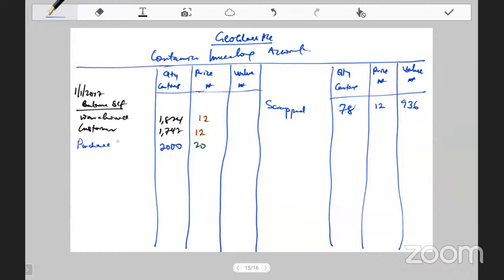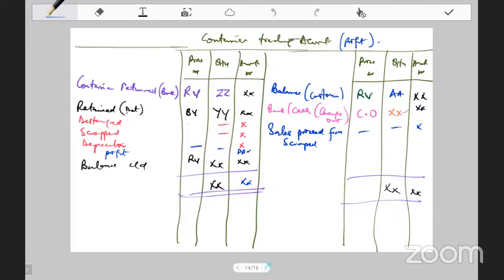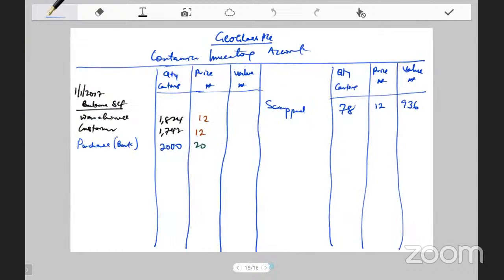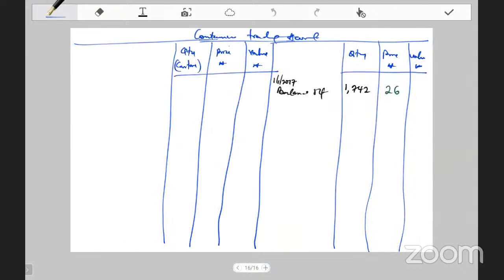For purchases, the corresponding entry will go to the bank account. But for this scrap, it's going to be recorded twice. I will credit my container inventory account, telling me that this scrap is no more in the container, but it's a cost to me. So I will now have to bring that cost to our container trading account. So I'll call it scrap.